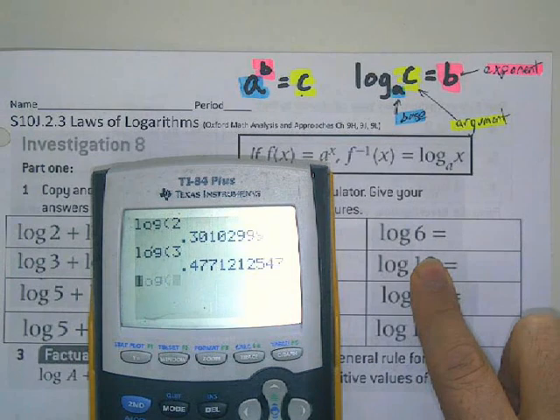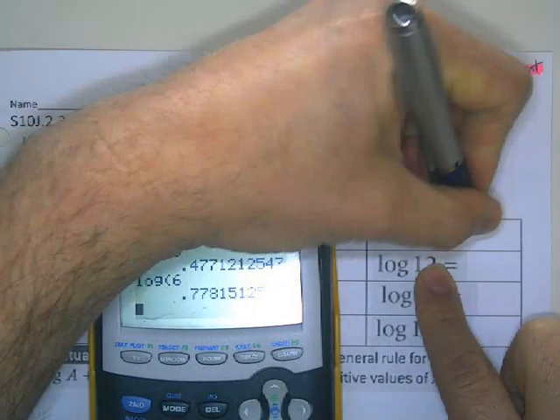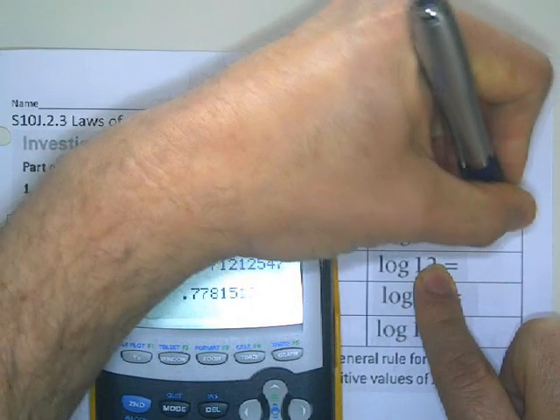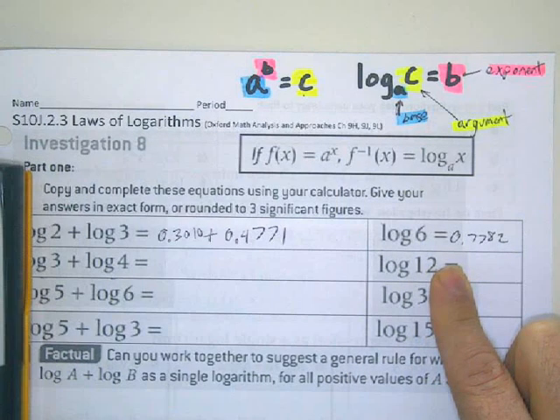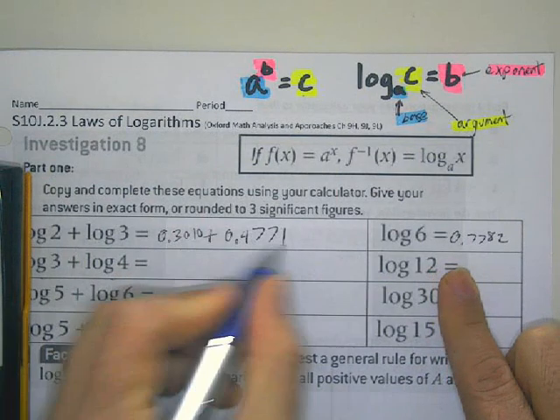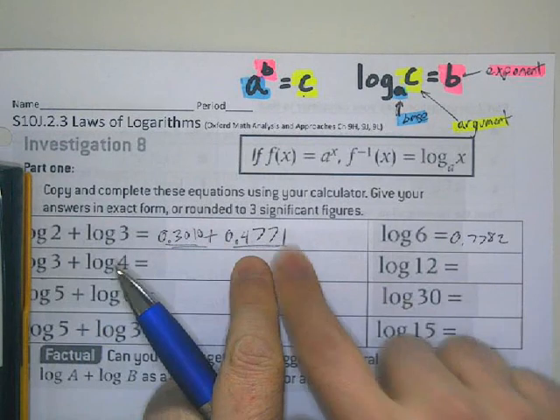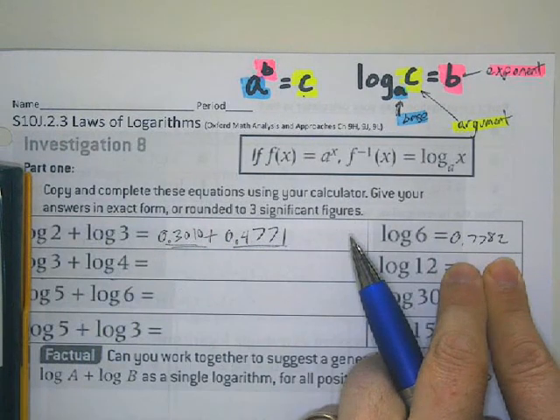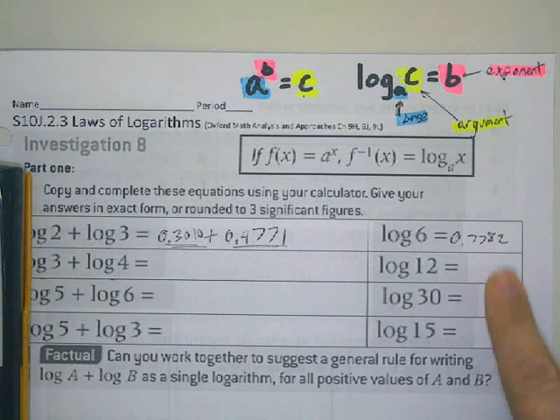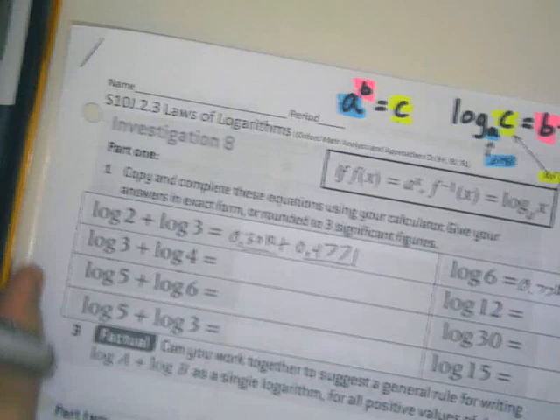Log 6, we get 0.7782. And you should notice that this plus this gives me this. I'm going to hit pause, or you should hit pause and try to do these on your own.